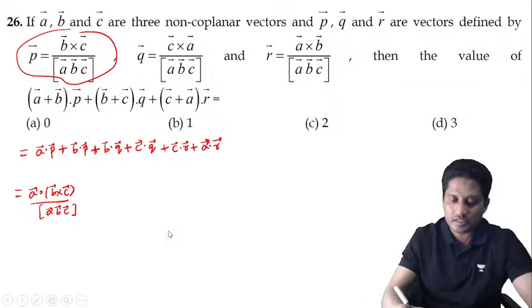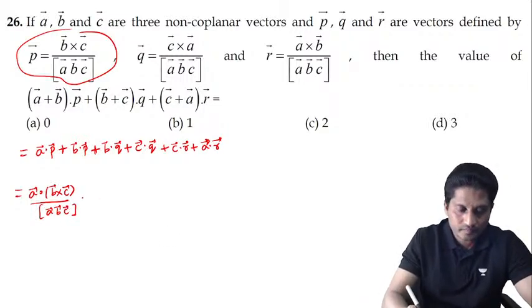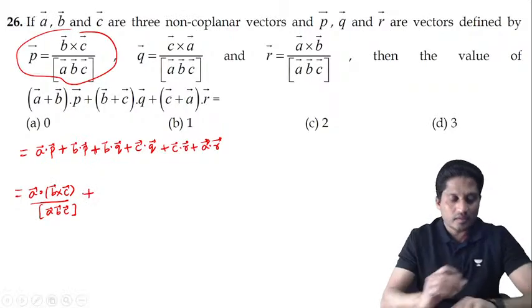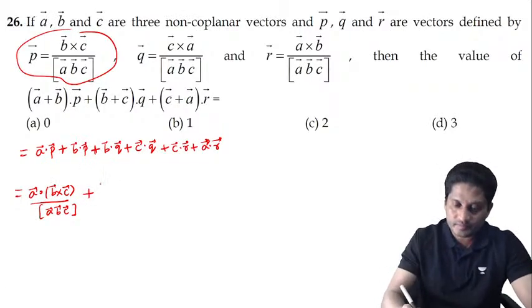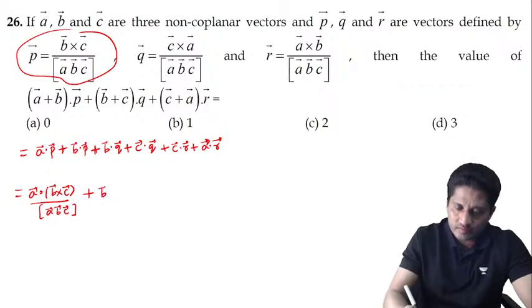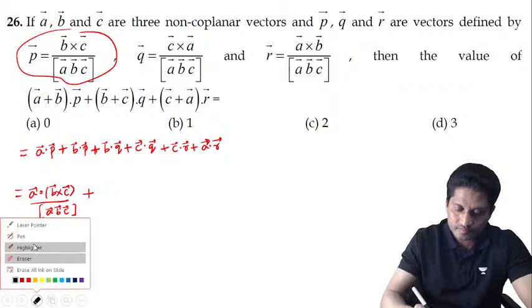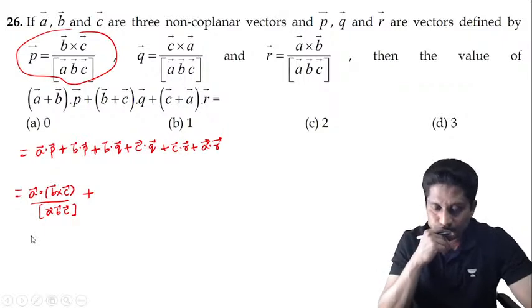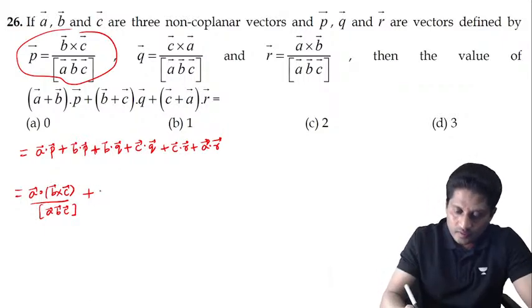Then plus B dot P, where P is again B cross C, so this is B dot with B cross C divided by box of ABC.